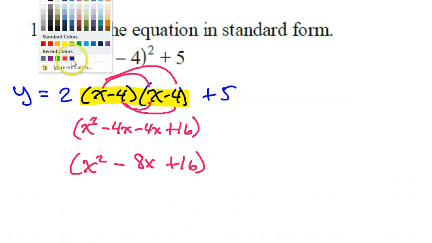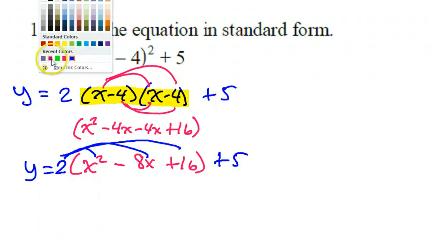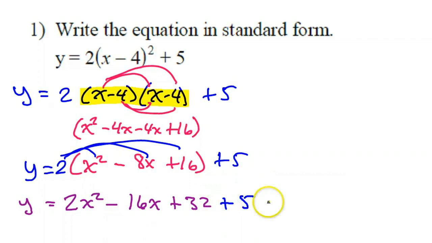Now, meanwhile, we still have the 2 in the front, and we've got this plus 5 on the back. Let's go ahead and do the distributive property now with that 2. Okay, so that's going to give us y equals 2x squared minus 16x plus 32. Alright, we've still got this little old plus 5 stuck on the end.